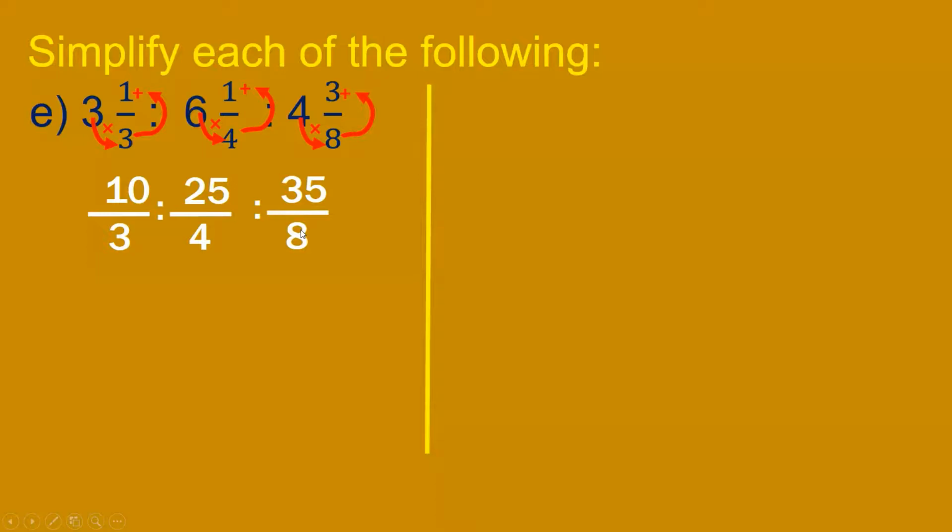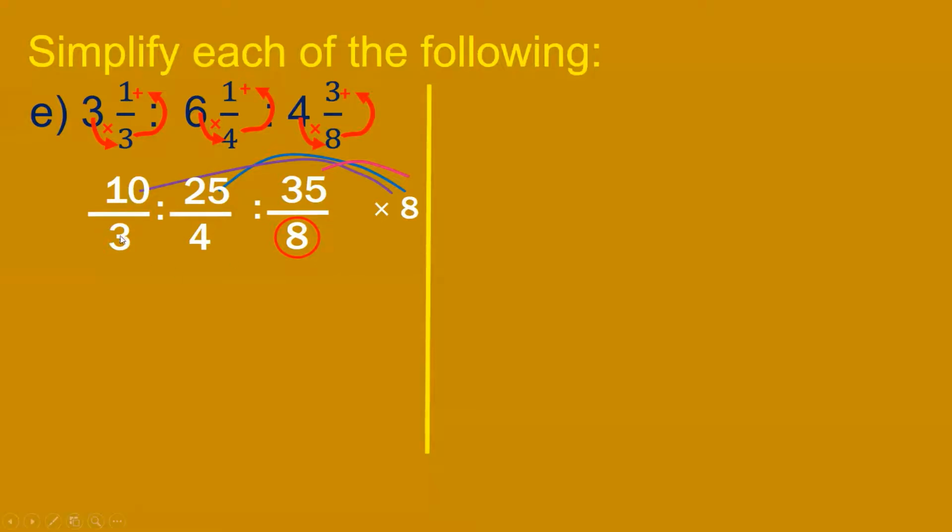So let's change them into whole numbers. Let's look at the biggest denominator, which is 8, and multiply the three fractions by 8. So multiply 10 over 3 by 8, 25 over 4 by 8, and 35 over 8 by 8.